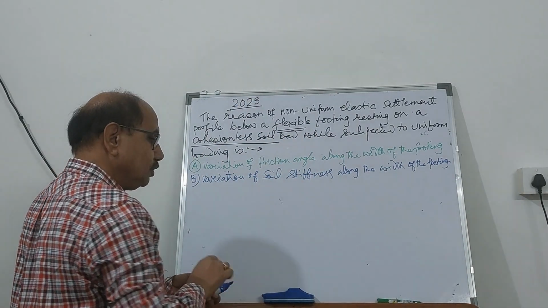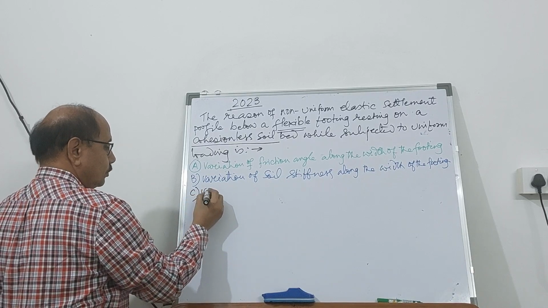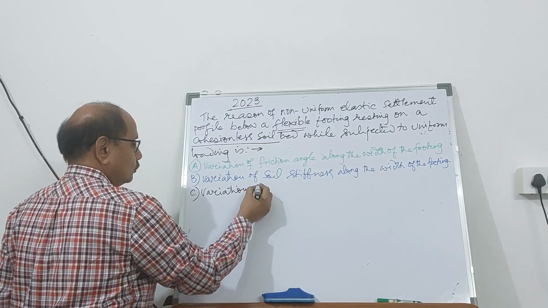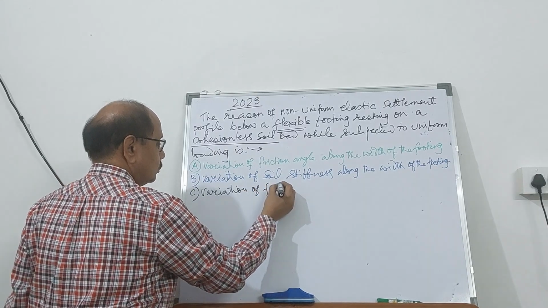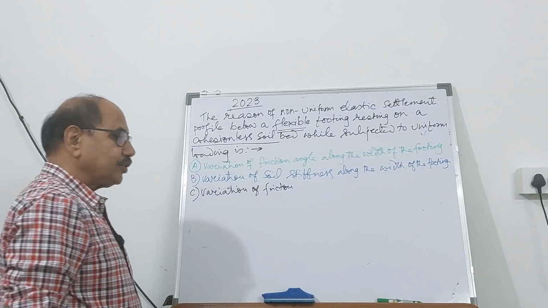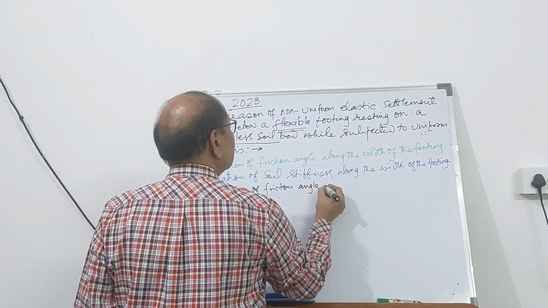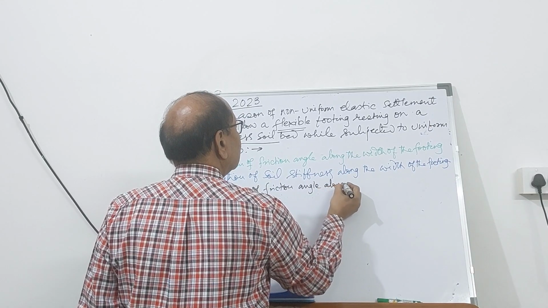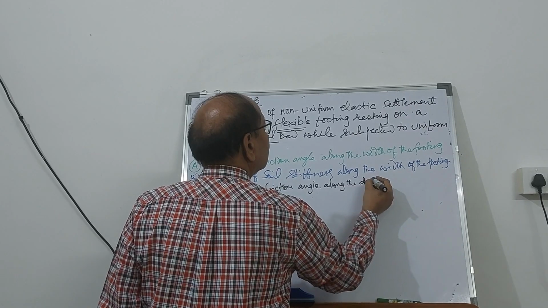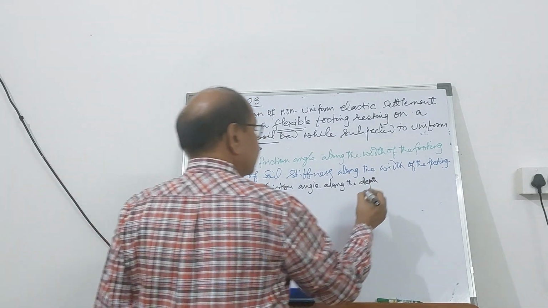And the next option, C, is variation of friction angle along the depth of the footing.